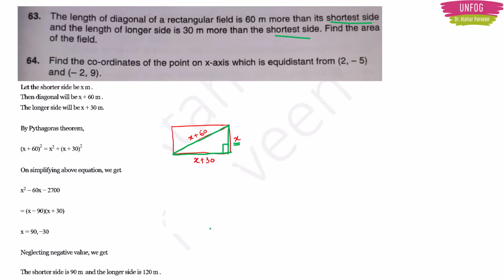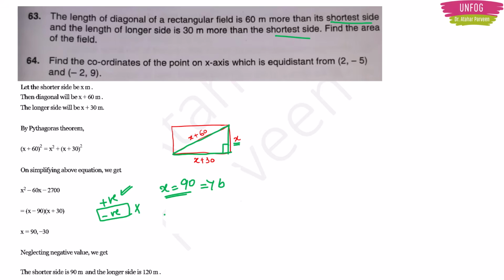Now a quadratic equation will give two roots. One may be positive, one may be negative, but the length of the rectangular field cannot be negative, so we consider the positive side. So here x becomes 90. Once I get the value of x, I can easily find the area of the field, because now this is my breadth.